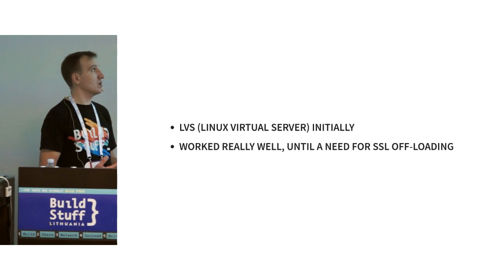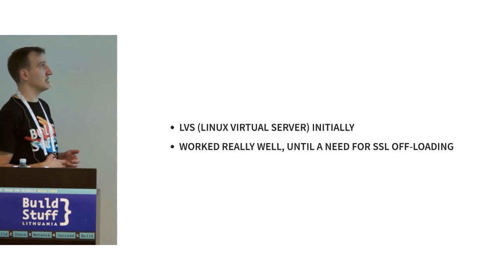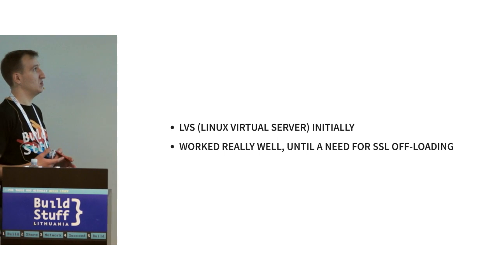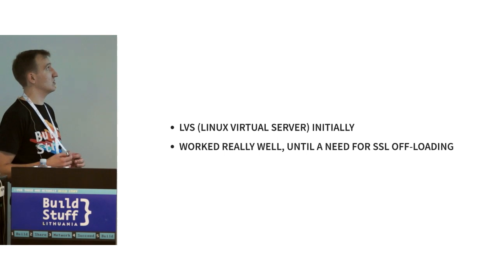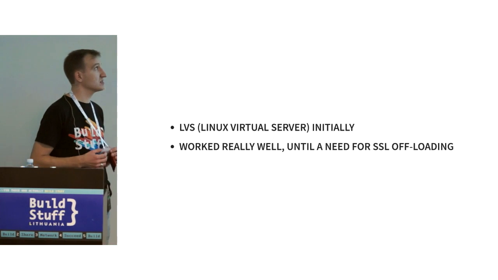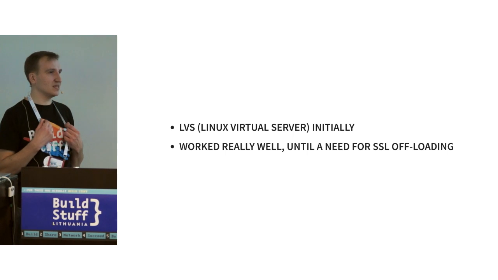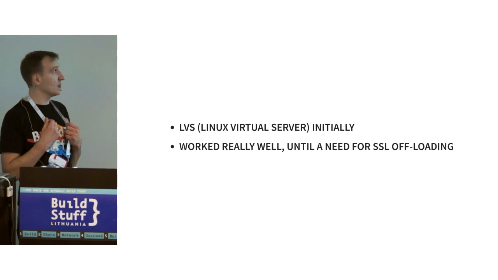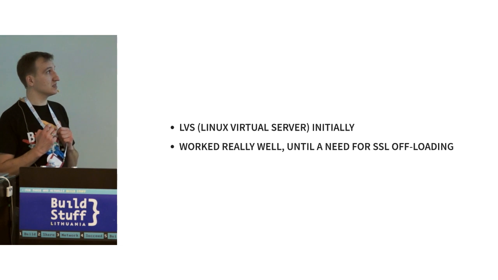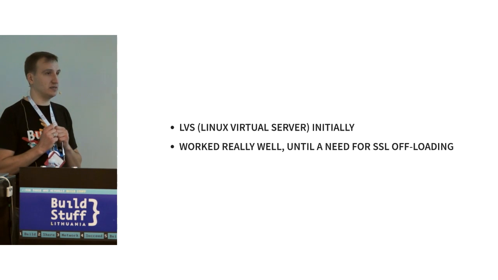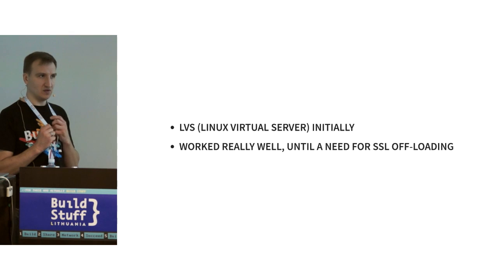So how did it all start? Why did we move to Nginx? Because initially we used LVS, Linux Virtual Servers, for the load balancing, which is very primitive, level 4 load balancing. And it worked really well until we needed SSL offloading.